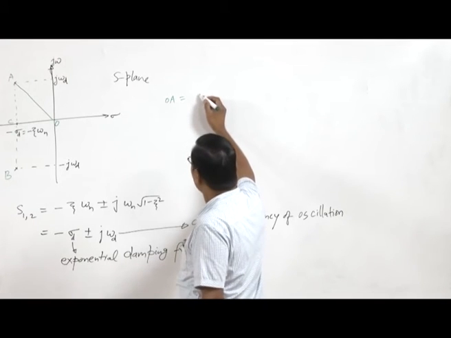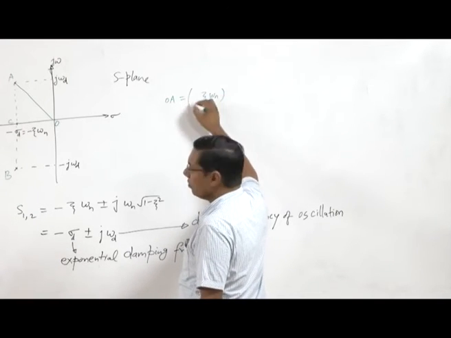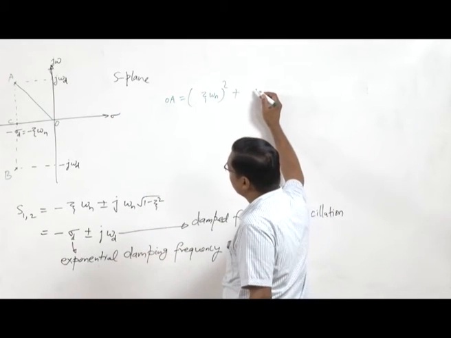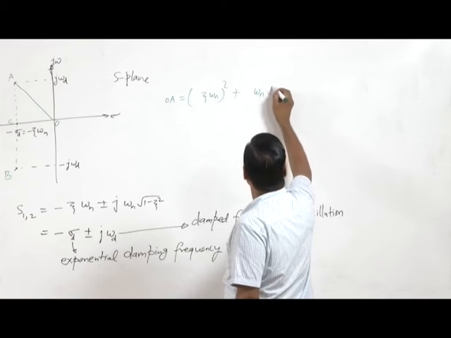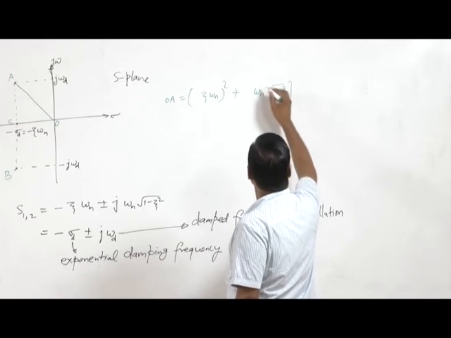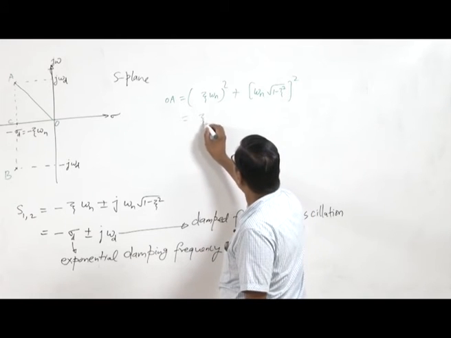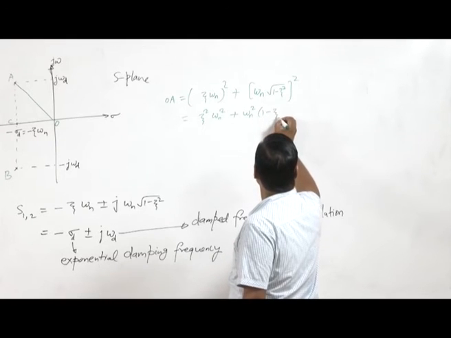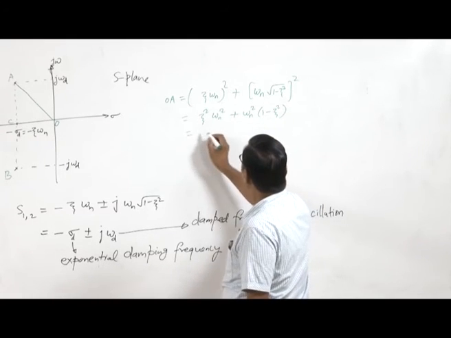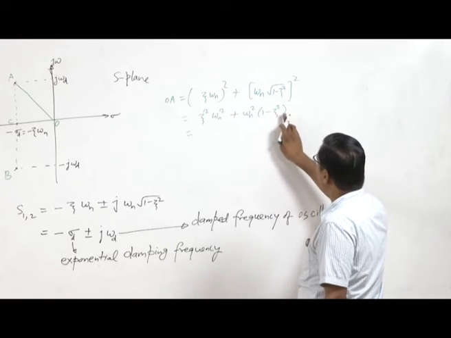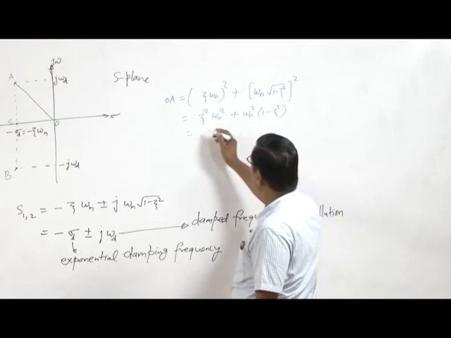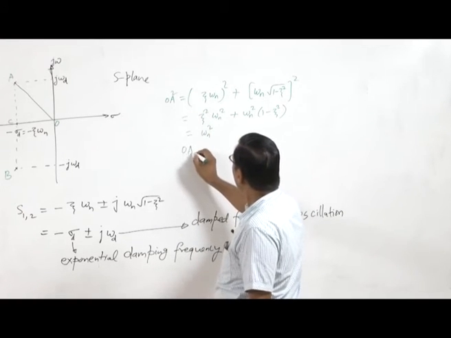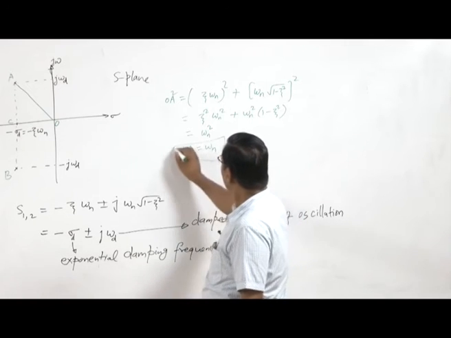So zeta omega n square plus omega d square. So that is omega n root 1 minus zeta square whole square. So here we get zeta square omega n square plus omega n square into 1 minus zeta square, and so omega n square minus omega n square zeta square will cancel out. So we will get omega n square here, OA square. So OA equal to omega n.